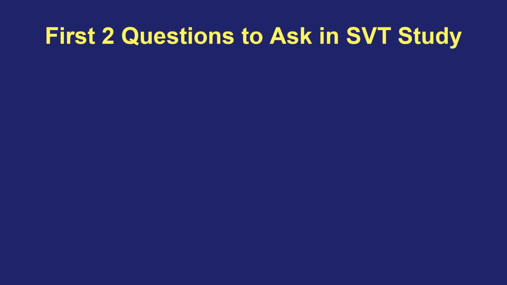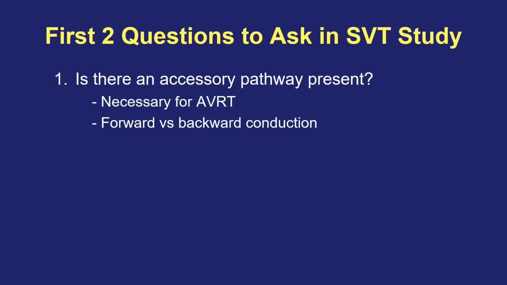And the very first two questions that you're going to ask when you get into the EP lab, when you're in sinus rhythm and you put catheters up and you start your EP study, are number one, is there an accessory pathway present, which of course is necessary for the AVRT mechanism of tachycardia, and also whether or not this pathway has forward conducting or backward conducting or both properties, and we'll review how to ask and answer those questions.